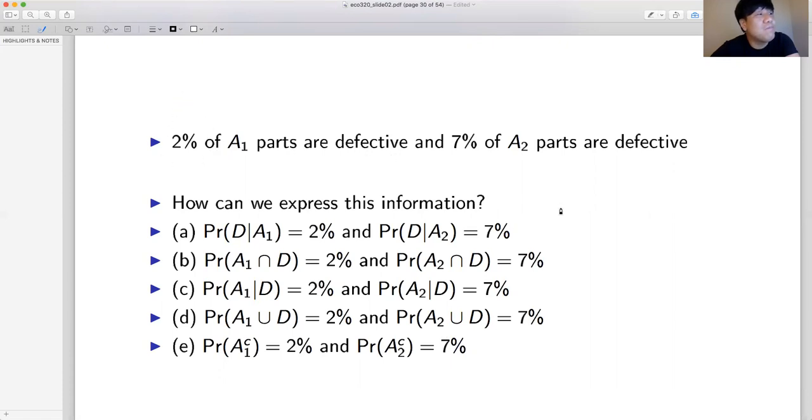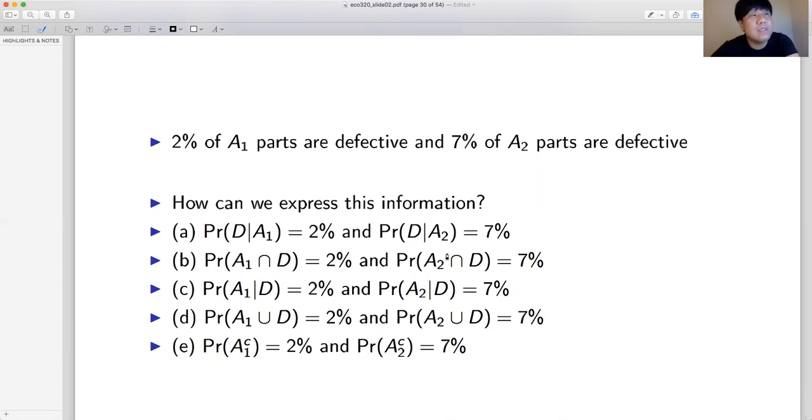Okay, so 2% of A1 parts are defective, right? So they are 2% of something is defective. So probability of defective given the part is A1, which is here, is 2%. So 7% of A2 parts are defective. So probability of defective is 7%, but given A2.